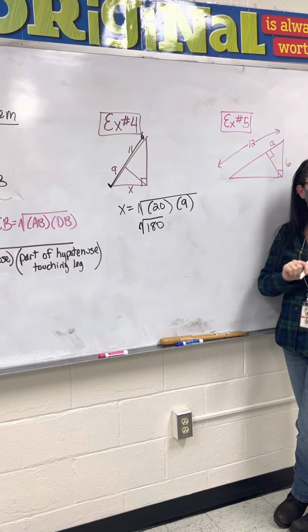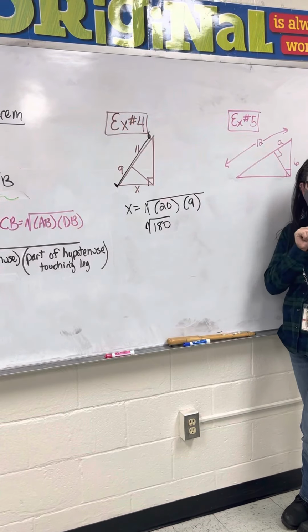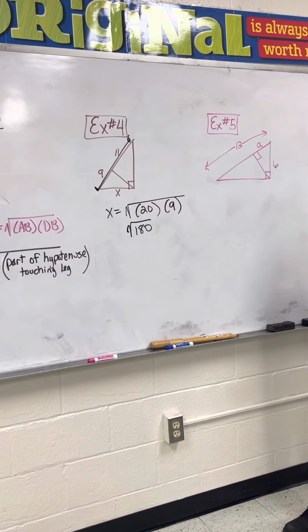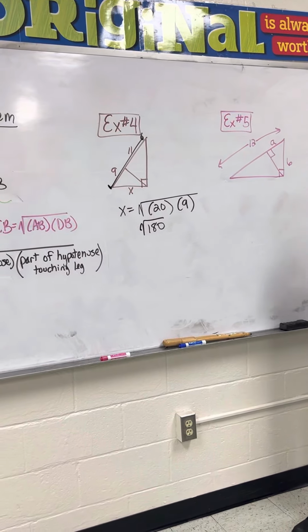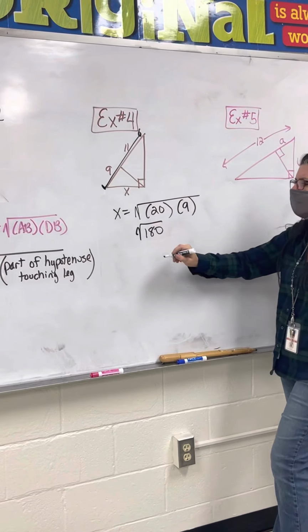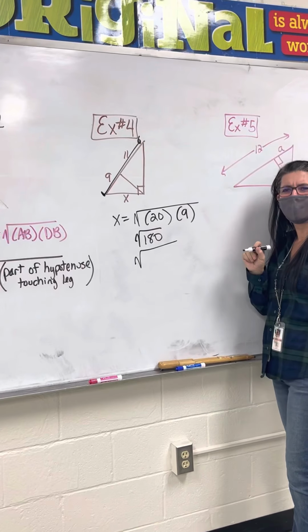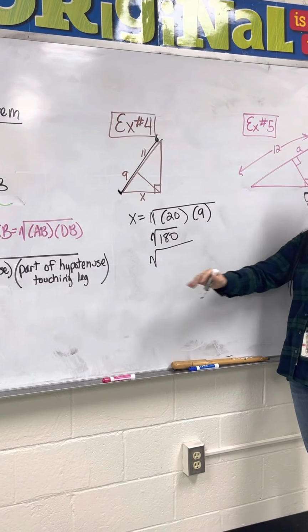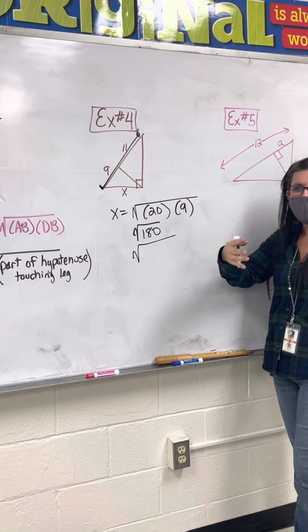Simplest radical. What's the perfect square factor that goes into 180? What's the perfect square that goes into 180? 36? Does that go into 180 evenly? Okay, 36 times 5. I was hoping you guys would tell me 9, because 9 jumps out at me. 36 doesn't. For you, that's good. But 9 would have worked. You would have just had to do it twice.